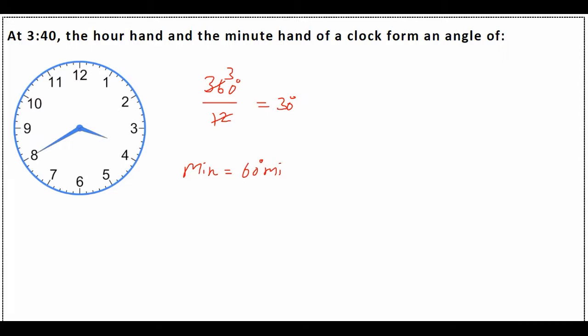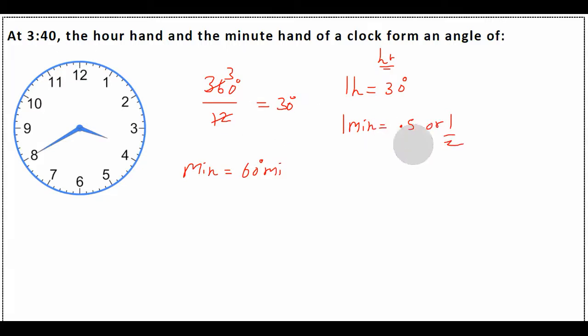That is one complete rotation. Then only the hour hand will travel from 12 to 1. That's one segment, that is 30 degrees. So in 1 hour, the hour hand travels 30 degrees. In 1 minute, I am talking about only the hour hand, not the minute hand, the hour hand travels how many degrees? 0.5 or 1 by 2.